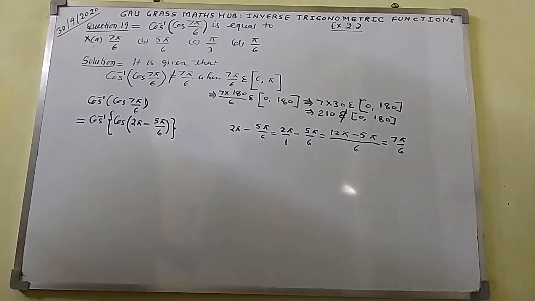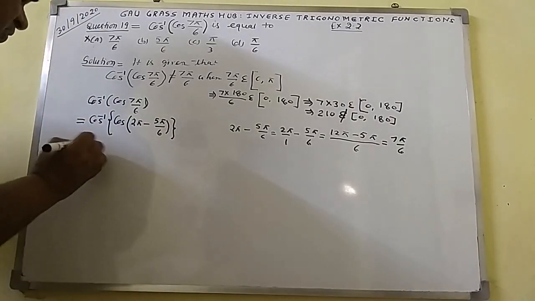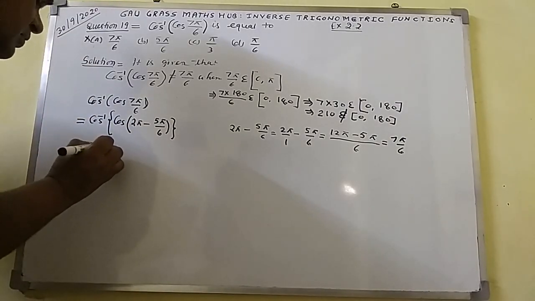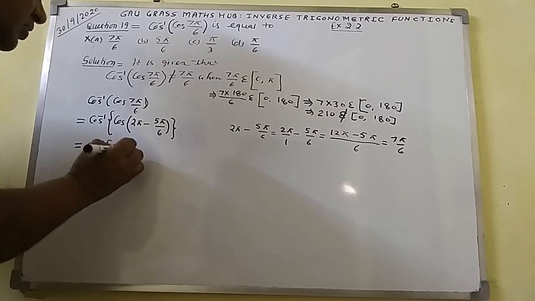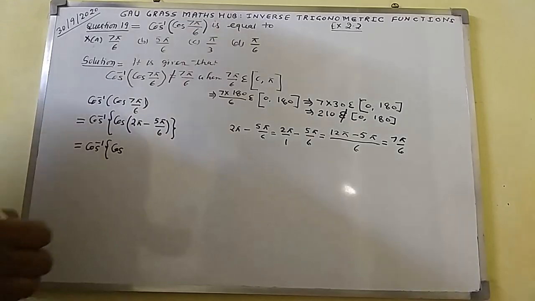So 2 pi minus 5 pi by 6 comes out to be 7 pi by 6. This is okay. Now what will we do here? Here you can write cos inverse in curly bracket cos.